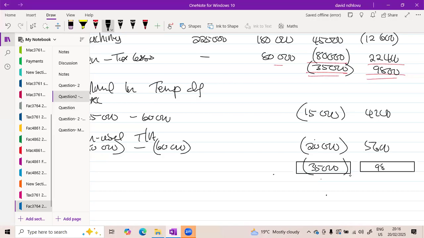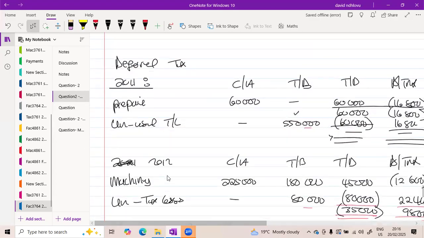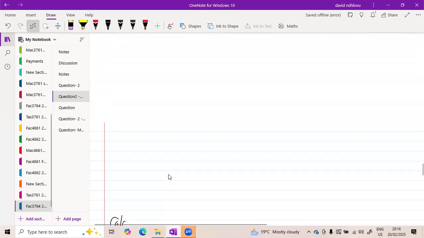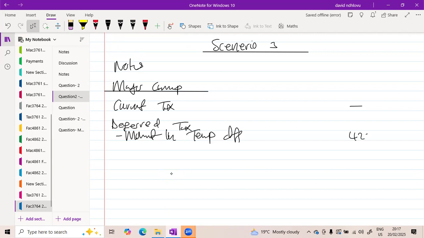We're going to have 9.8 positive. Now when you go to the other side, to the disclosure, movement in temporary difference is still the same question, nothing has changed. So we have our movement in temporary differences, which is an amount of 4.2, and we're going to be deducting that.